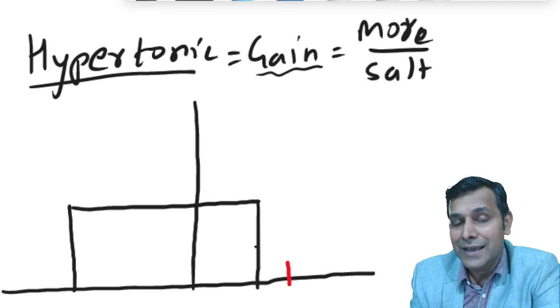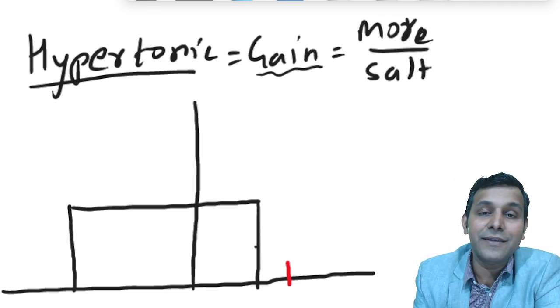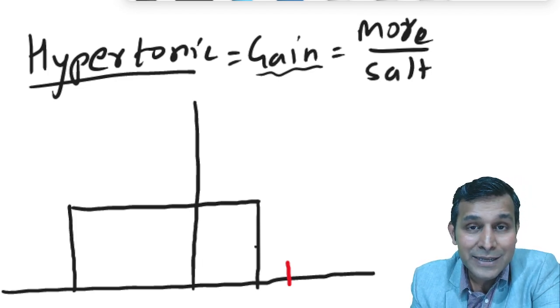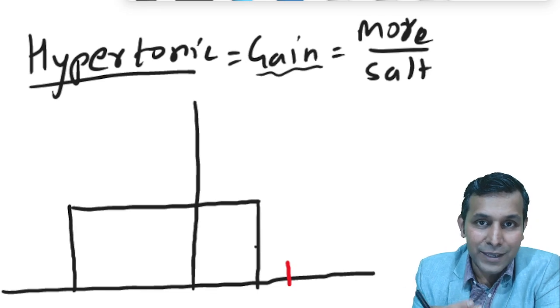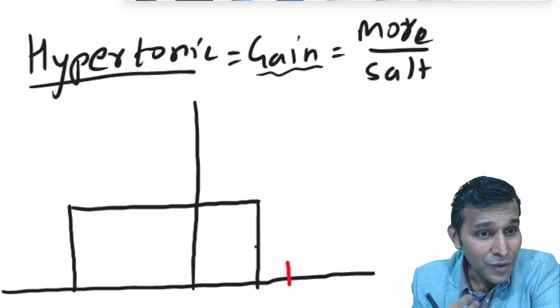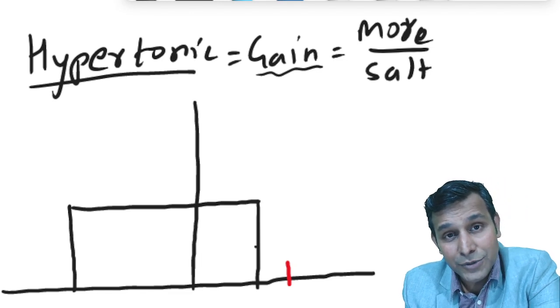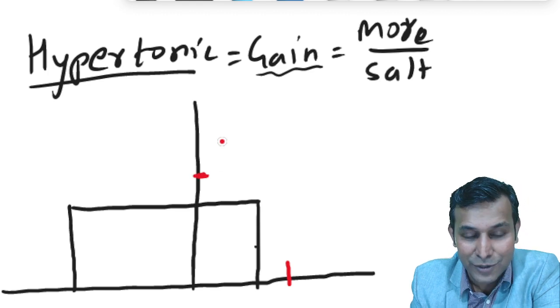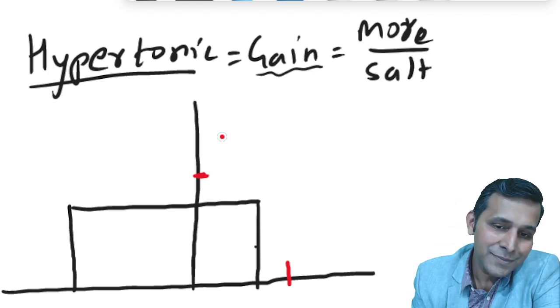Now what is he gaining? He is gaining more of the salt here. So if the salt is gained in higher quantity, what happens to the osmolarity?